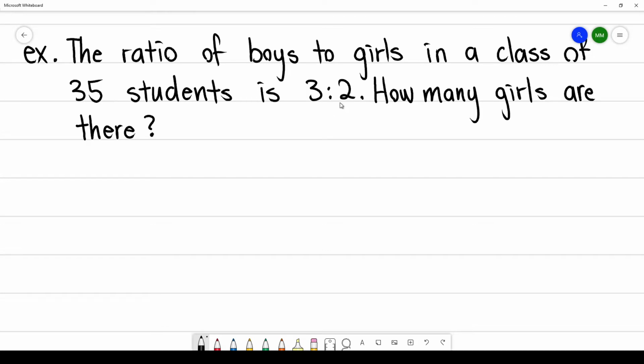So now, how you got that seven? Well, I'm going to tell you how you're going to get that seven. When we look at ratios, to do this type of problem, sometimes people like to draw it out.